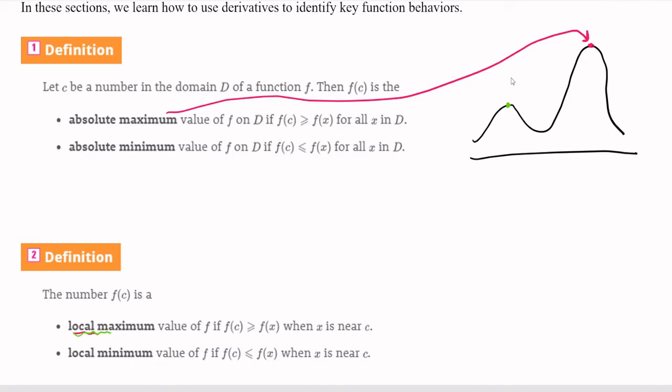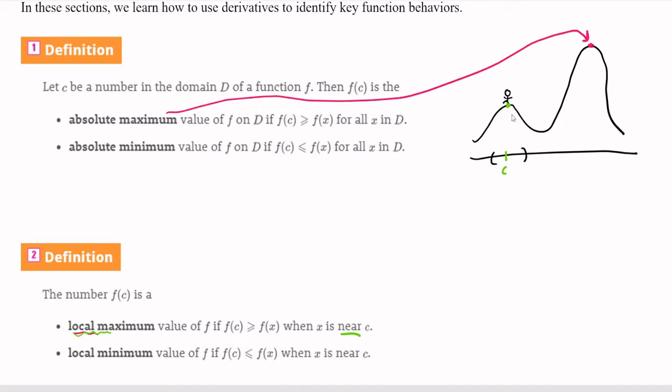Just locally, and the word here is near. When x is near this little c, so you've seen this maybe a couple times before, near being there's some open interval. You go left a little, you go right a little bit. If you're standing here, this is you, right? And you look left and you look right, and for just a little bit, you don't have to go very far. Look a little bit left, a little bit right, and say, am I at the top?